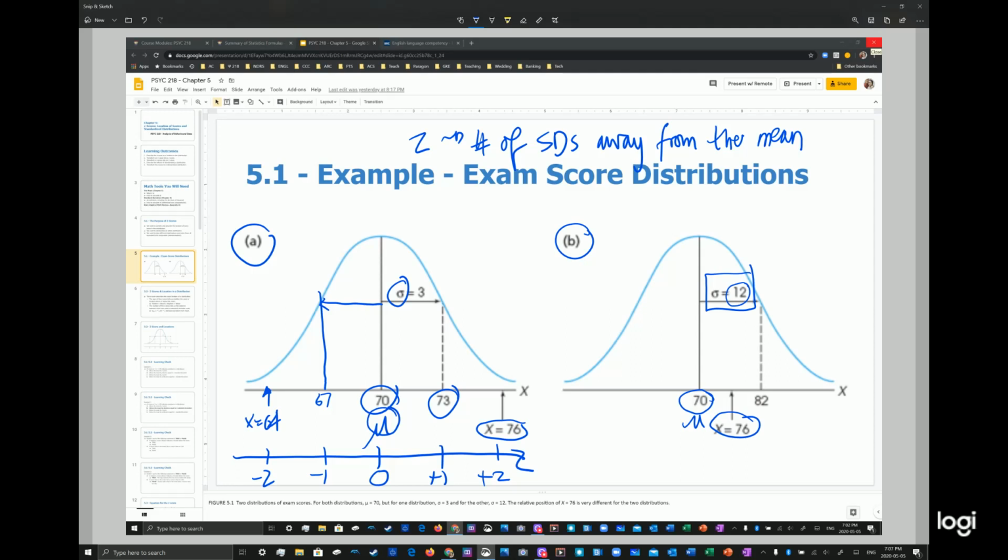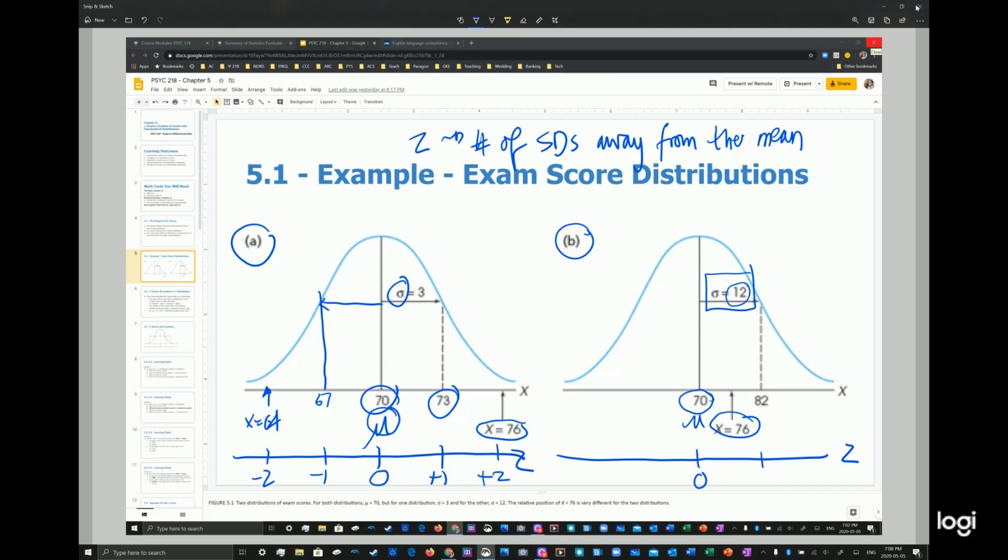Anyway, because the standard deviation is a lot larger this time, the same x value of 76 no longer has the same z-score. In distribution B, one standard deviation is no longer 3 x points, but 12 x points. If we draw another z-axis here, again, the mean would have a z value of 0.